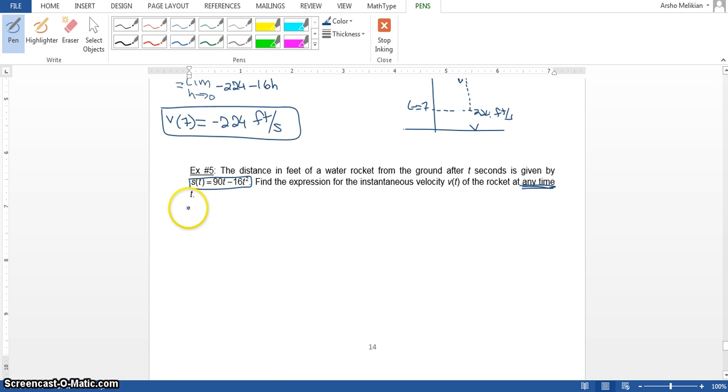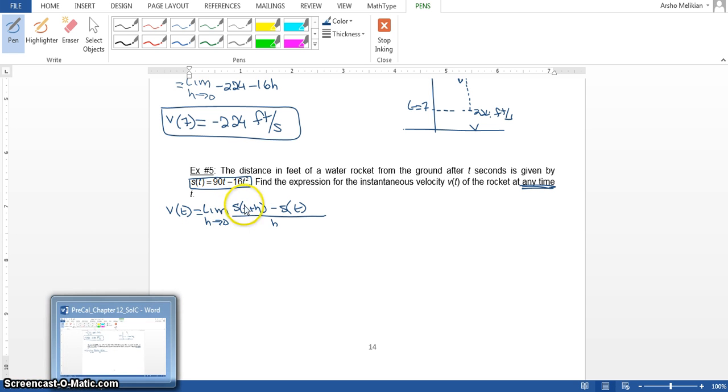So this is going to be the equation for v of t, and it's going to be the limit as h approaches 0 of, instead of f of x plus h, now we're going to have s of t plus h minus s of t over h.